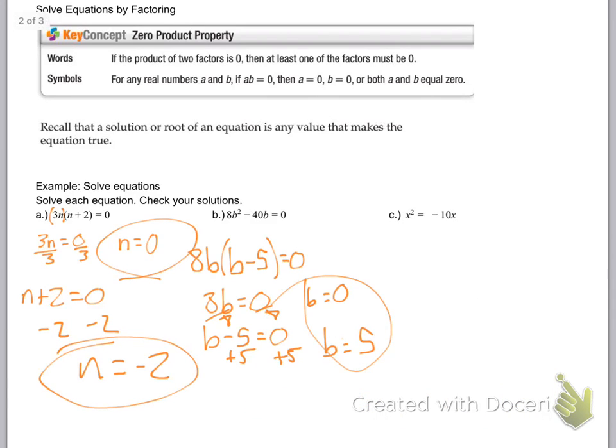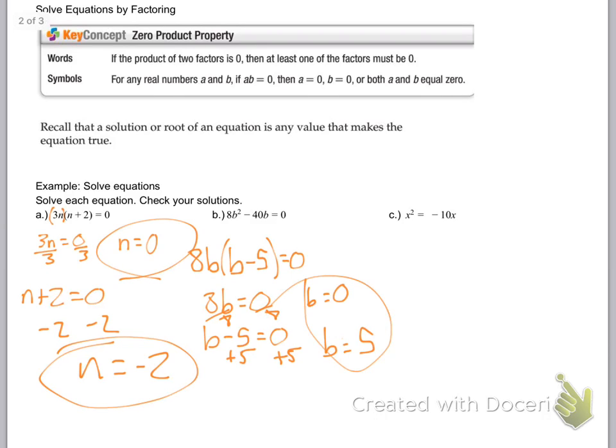The last problem, you have x squared equals negative 10x. This is going to go back to the idea of bring everything to one side. It really does not matter in this problem which way you go, but it generally makes this an easier problem for us if you keep the leading term or the highest degree positive. What is the highest degree?